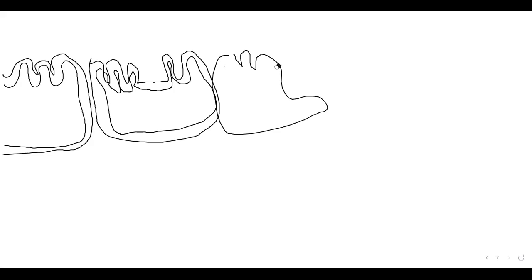I don't need that. So I'm going to draw on some proteins. And this is going to be a channel protein. I'm going to colour that in.